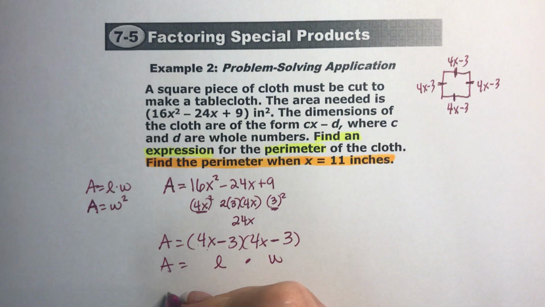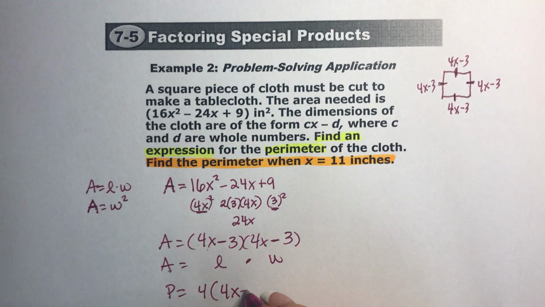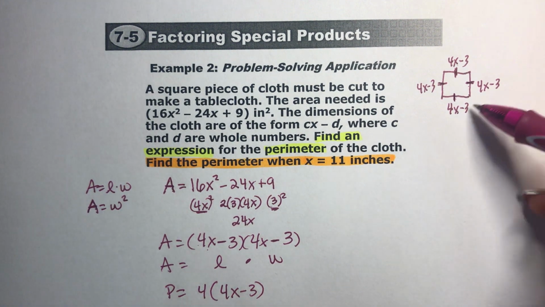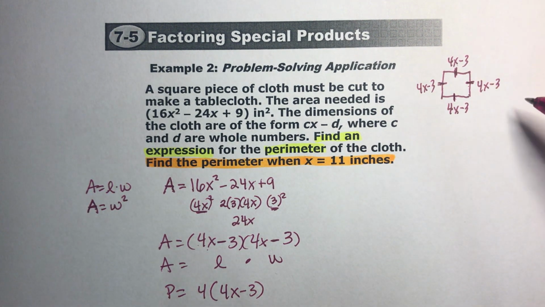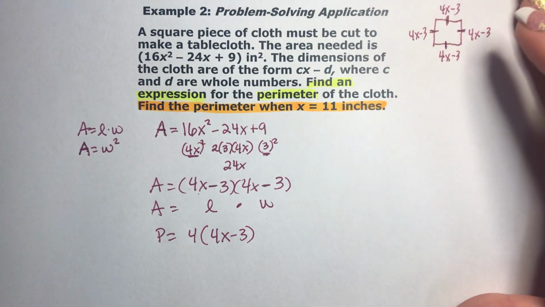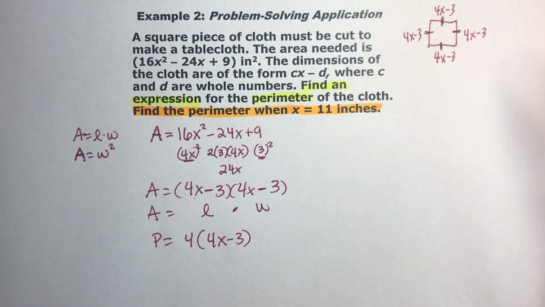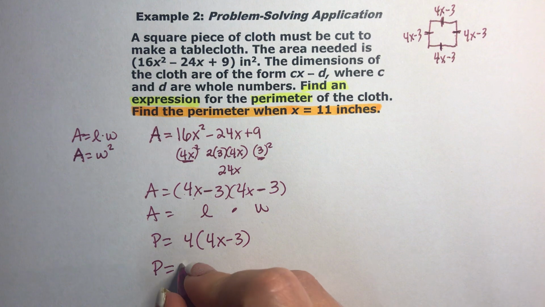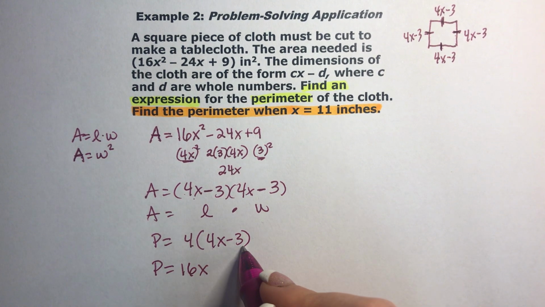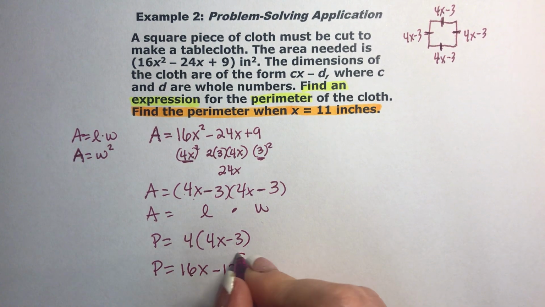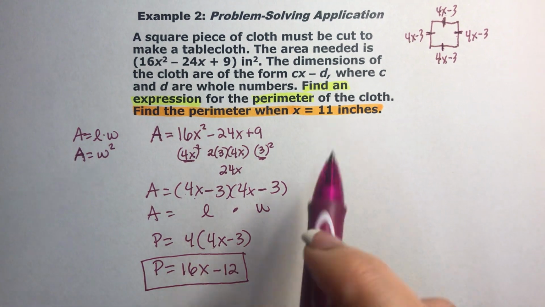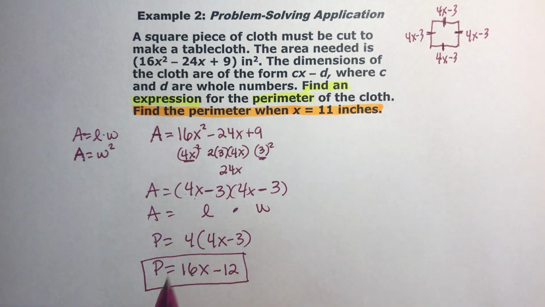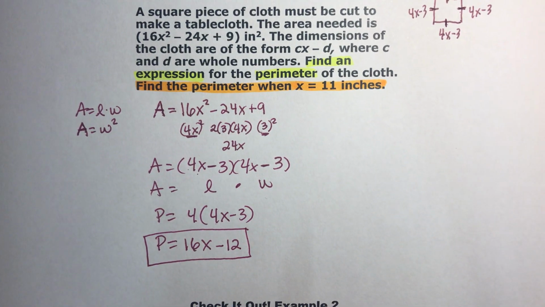So I can just go perimeter equals 4 times 4x minus 3, because adding these 4 things that are exactly the same is the same thing as just multiplying by 4. But I'm going to go ahead and distribute that. So my perimeter is going to equal 4 times 4x is 16x, and 4 times negative 3 is negative 12. So that is my perimeter of the cloth.